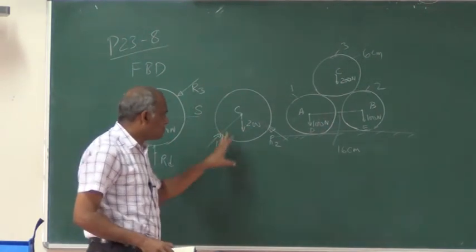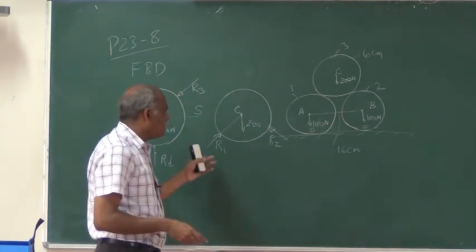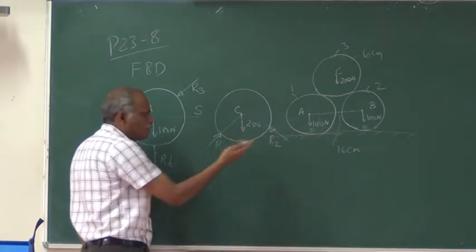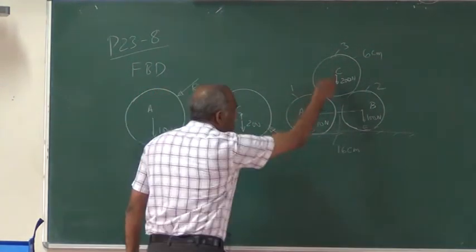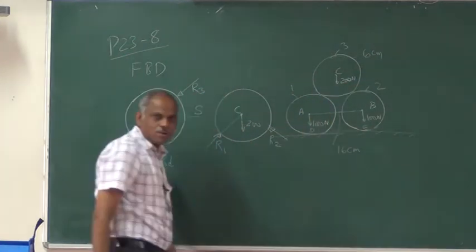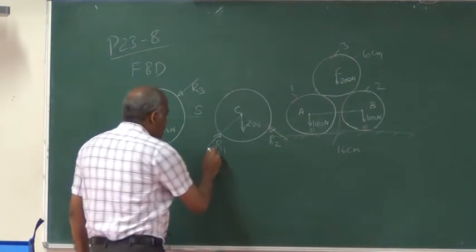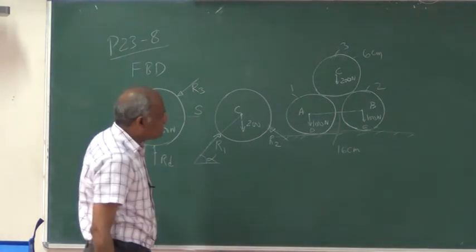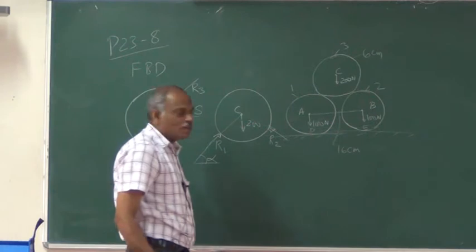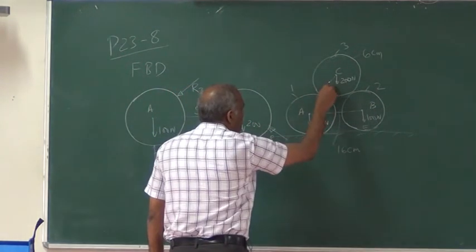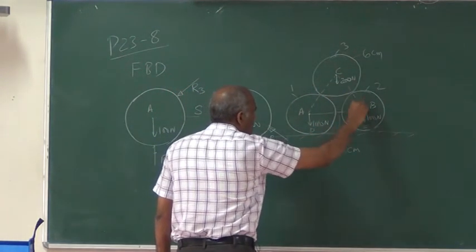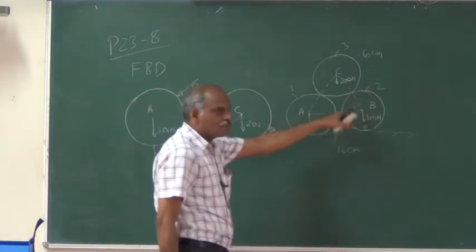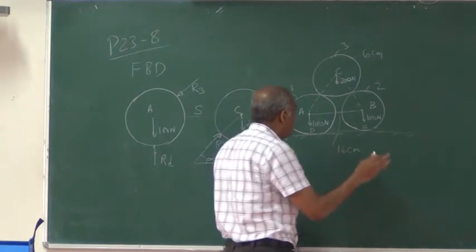If you want to solve this, you need to know the angle at which the forces R1 and R2 are applied. By symmetry, R1 and R2 are going to be at the same angle. So if I say this angle is alpha, can I determine that alpha from the geometry of the problem? I can construct a triangle connecting the 3 centers of the cylinders.